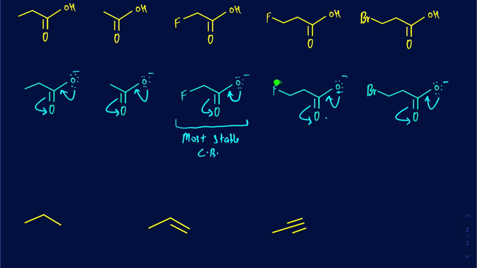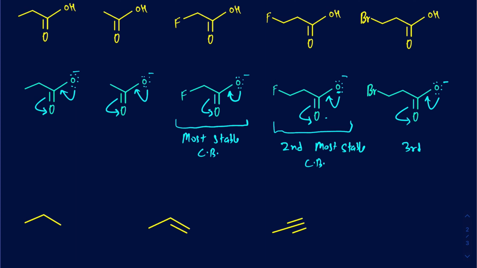But when I'm just relatively comparing the bromine and fluorine, fluorine, since it's more electronegative, is going to have relatively more inductive effect. So this is going to be the second most stable conjugate base, and then the bromine is going to be the third most stable.